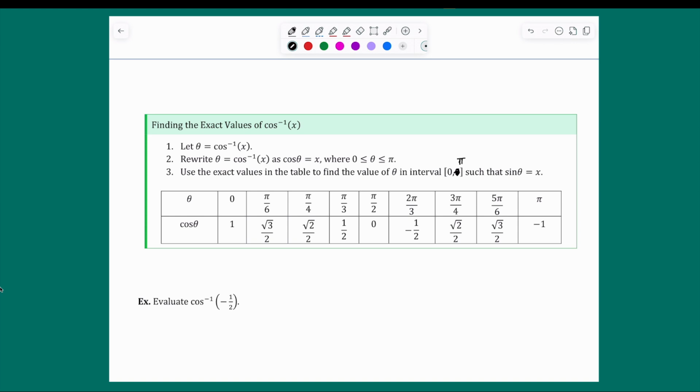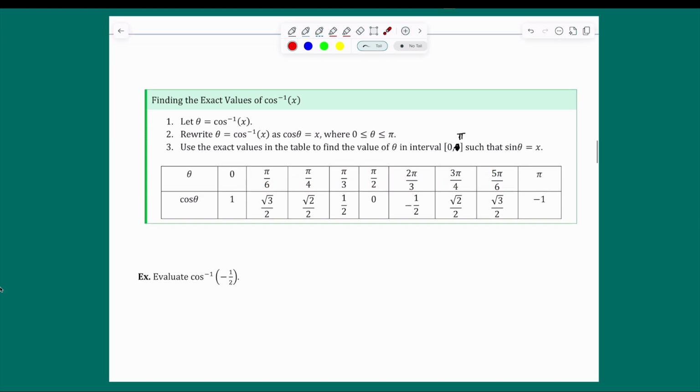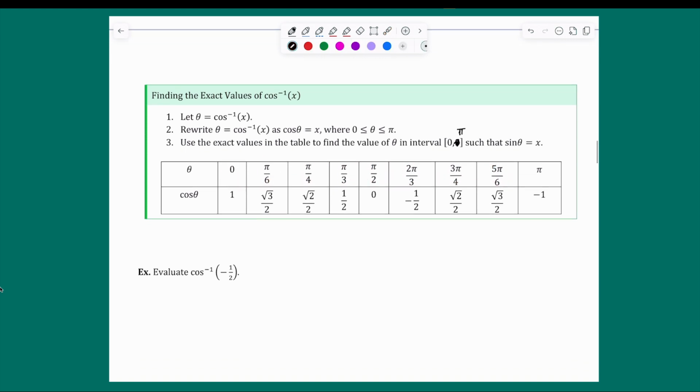All right, once again, using special angles that fall between 0 and pi, we could use that to help us evaluate or find exact values of, say, cosine inverse of -1/2. All right, first step is to let theta equal cosine inverse of -1/2, which tells us, if you rewrite this, this is cosine of theta equal to -1/2.